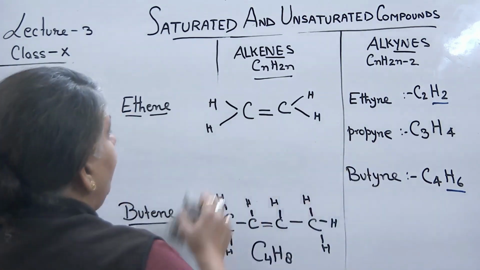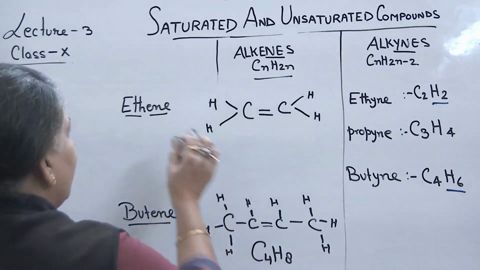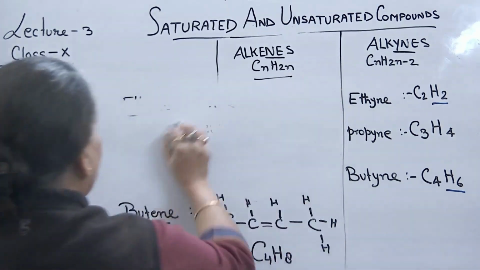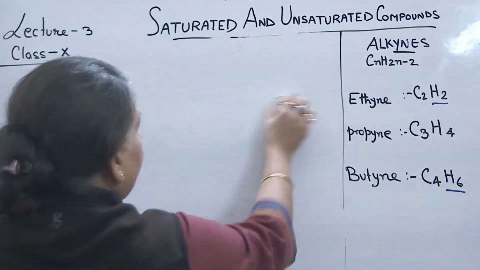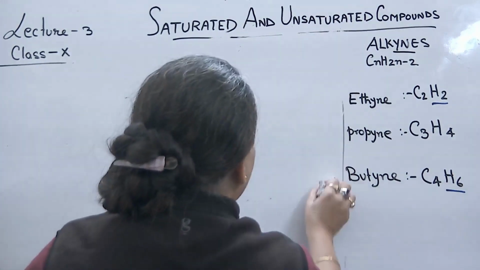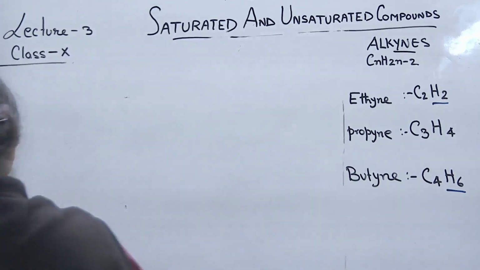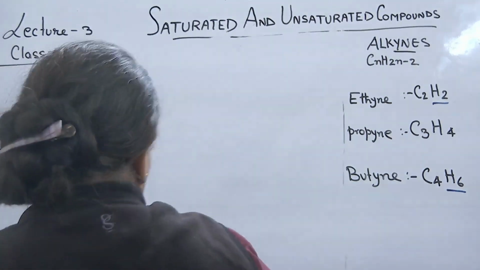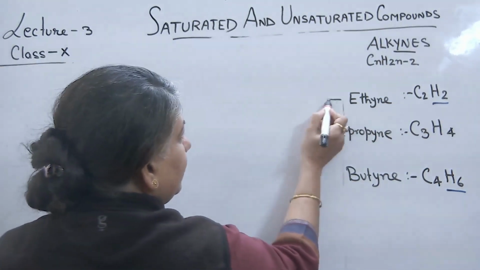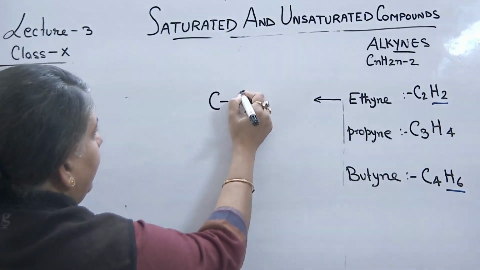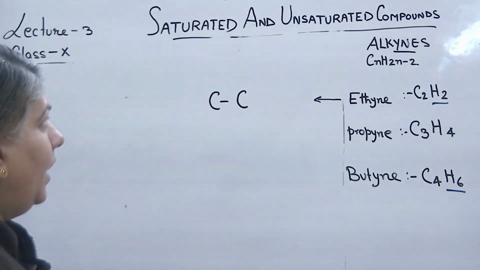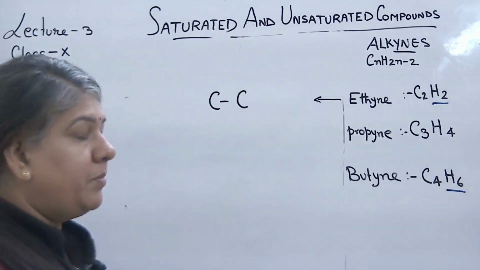Okay, let's come to alkyne series. See, for ethyne, again, eth means 2 carbon atoms and you will have to place a triple bond.